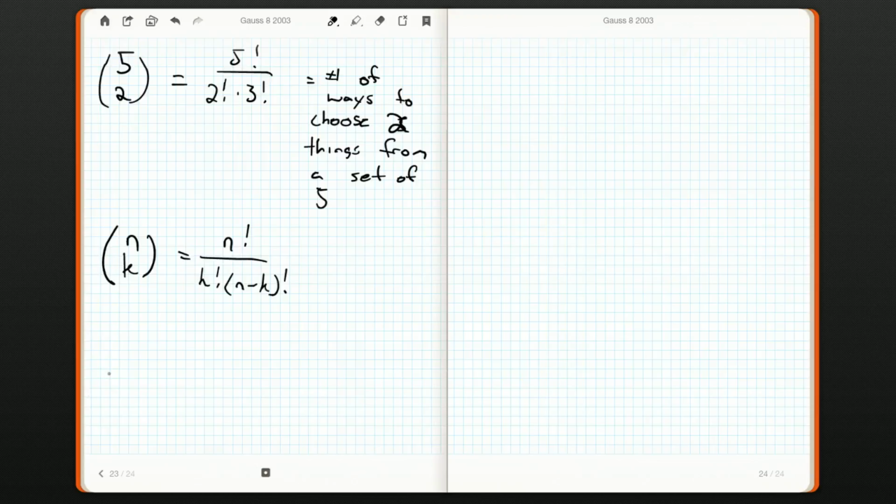By the way, this factorial stuff is just x times x minus 1 times x minus 2, all the way down to times 3 times 2 times 1. Okay?